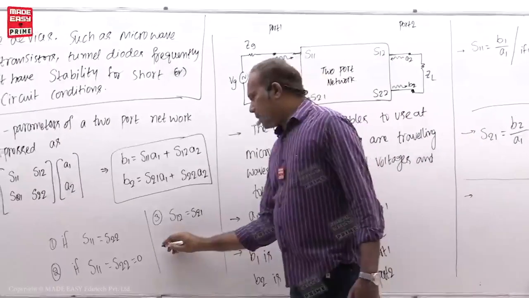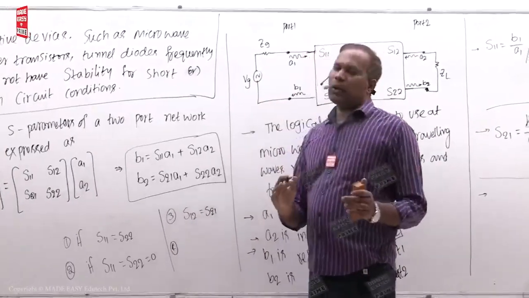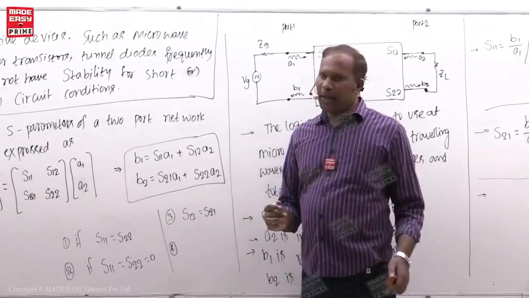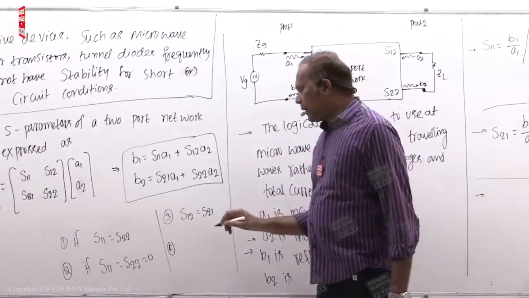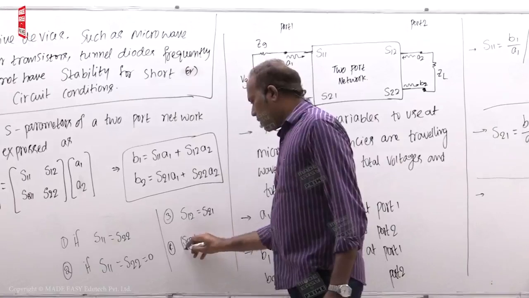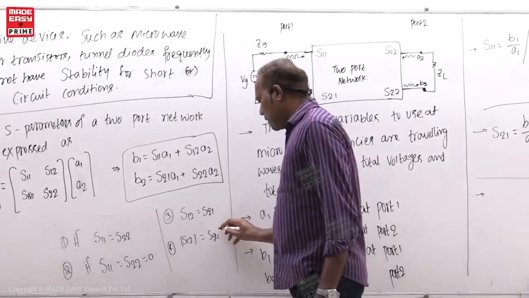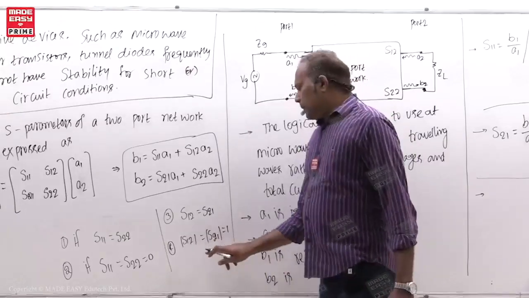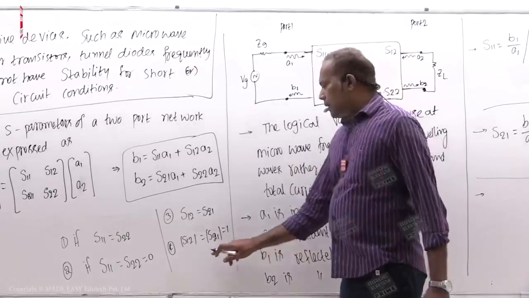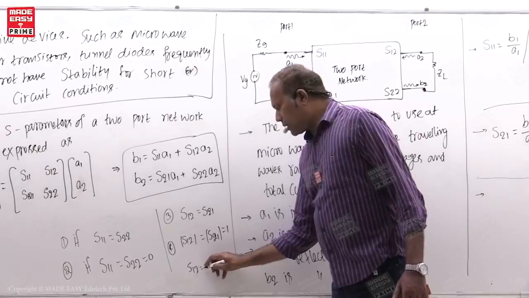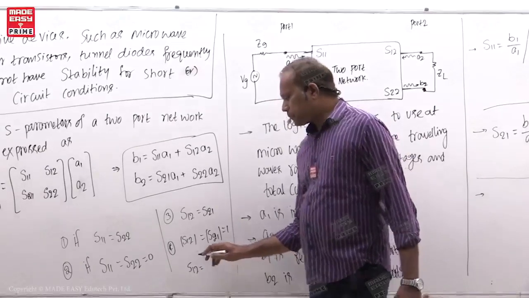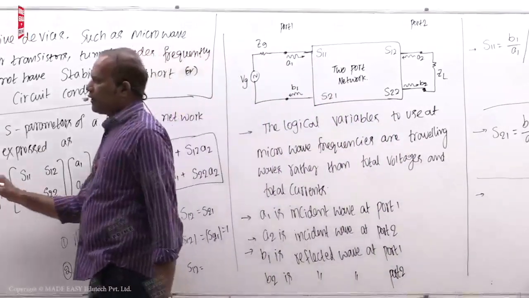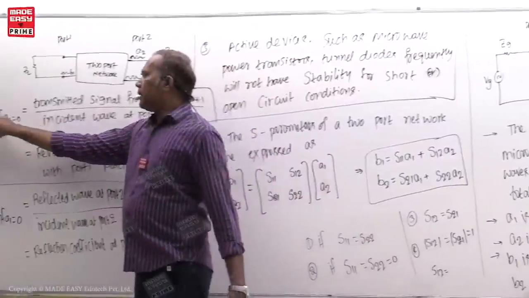So next, the fourth one. I have taken one network. I have solved the S parameters. Then I got modulus of S12 is equal to modulus of S21 is equal to 1. What is the meaning of this? 1 means, for example S12, the definition is B1 by A2.